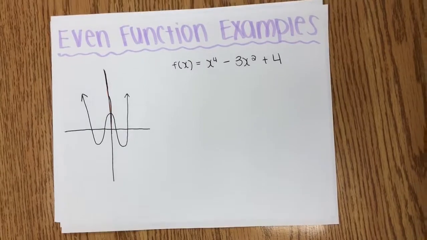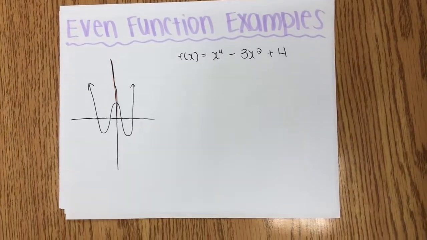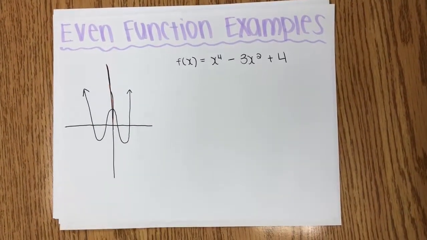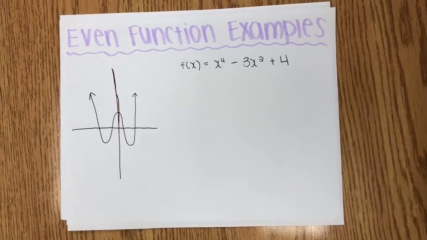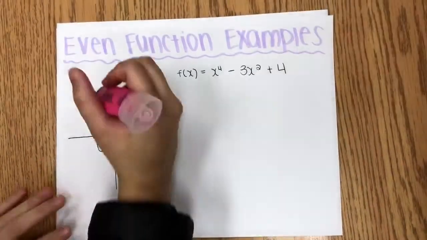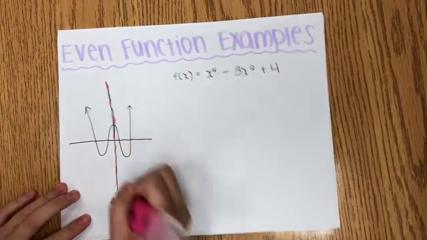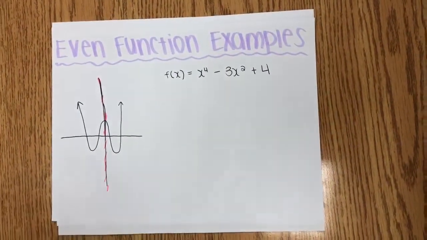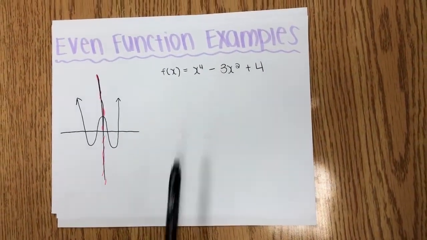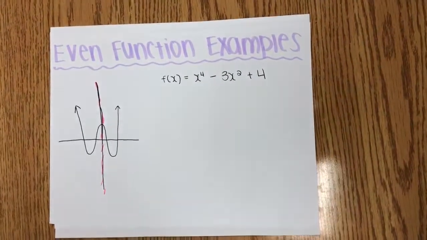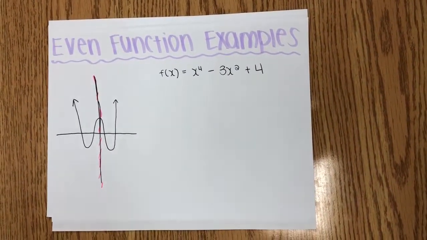Here's an example of how to solve an even function graphically and algebraically. Graphically, you can tell that this is an even function because it's symmetrical on both sides of the y-axis. We can also see in the equation that both of the exponents on the x values are even. Therefore, the function is probably an even function.